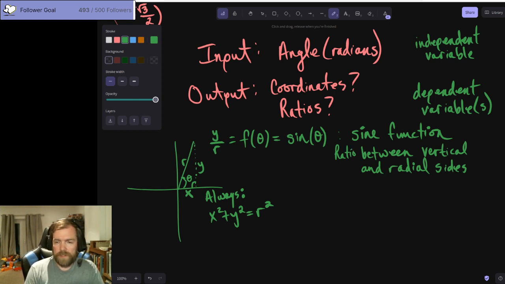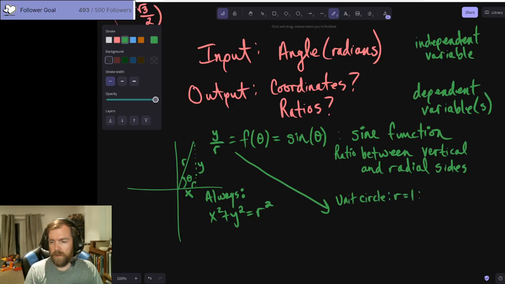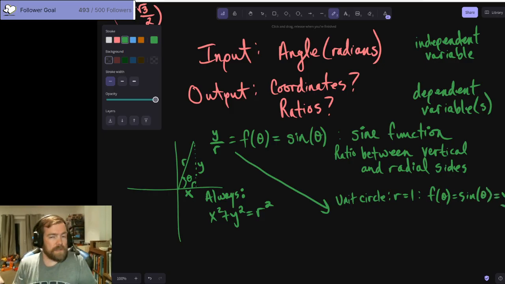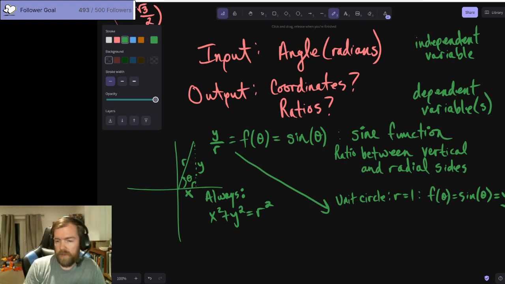So when we look at this, we're going to say, okay, let's take a look at the unit circle that we had up there. It says that f of theta, sine of theta, is going to be equal to just the y coordinates of any individual point on the unit circle.